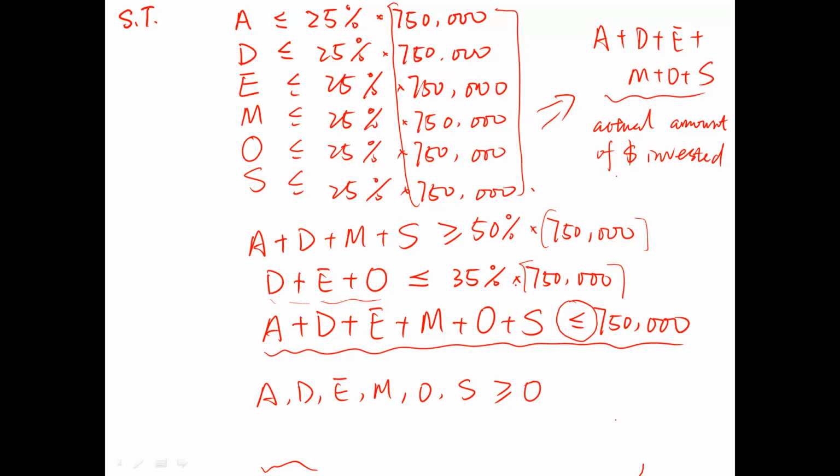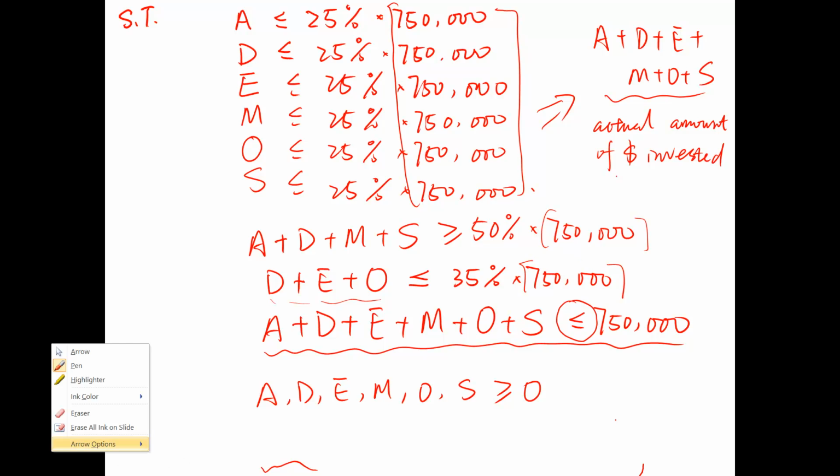These 2 restrictions are saying that we do not invest more than half of the total money, and these 3 investments should not exceed 35% of the total investment. So using the sum of these decision variables to represent the actual amount invested will be more accurate than putting this 750,000 here, because of this constraint.